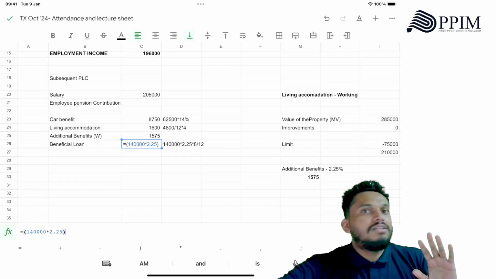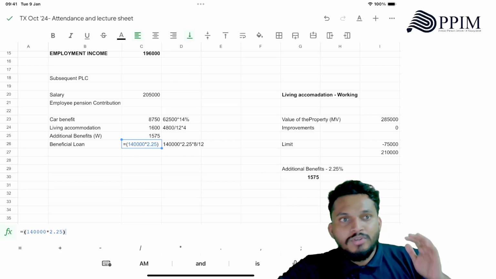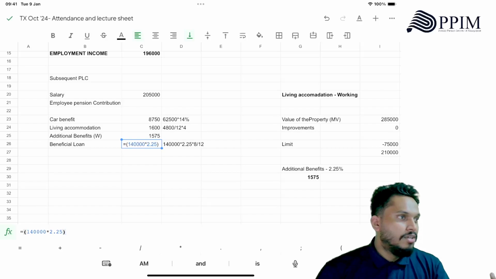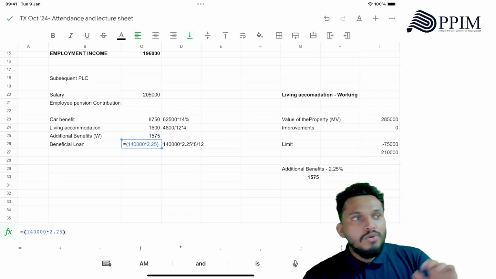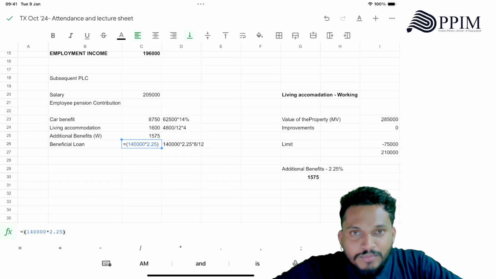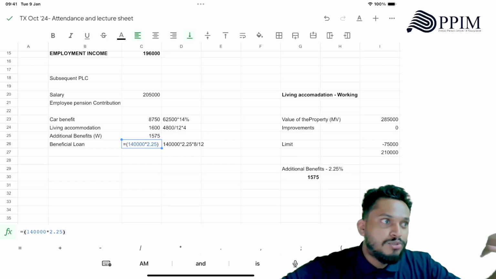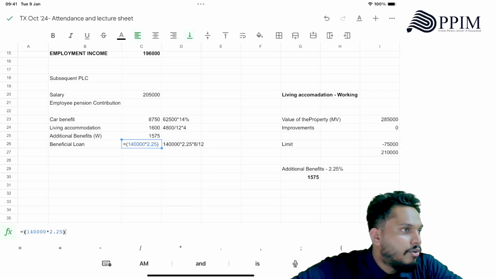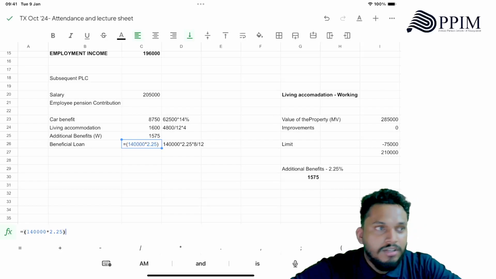That's why I don't teach the Excel formulas to the students. You know that, because you go and get confused there at the moment, and you are just wasting your time. Most of the students study the formulas and go to the exam, and unnecessarily they have wasted the time. There was one student who was calling me and asking, sir, you don't teach Excel formulas. Come on. It is not the time to practice your formula there.